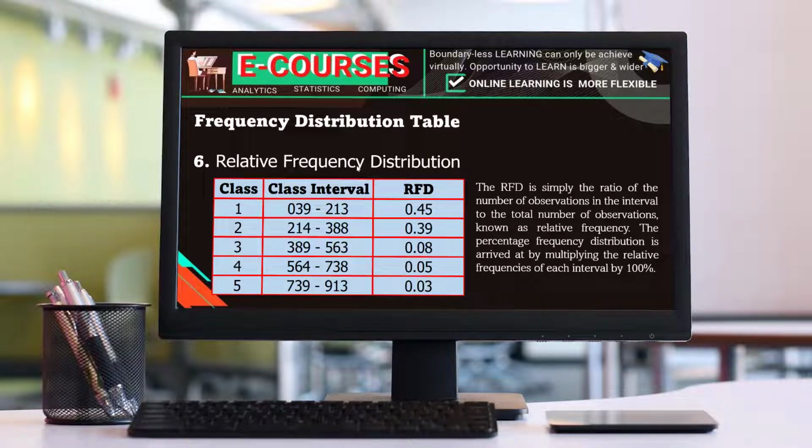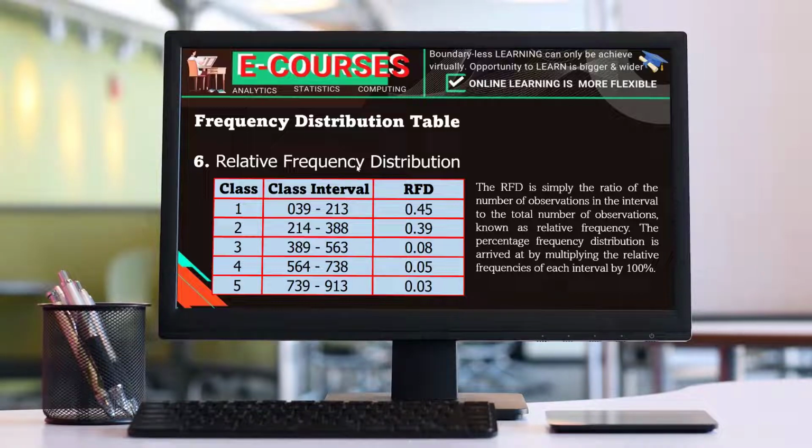The sixth component is the relative frequency distribution. The relative frequency distribution is simply the ratio of the number of observations in the class interval to the total number of observations. The percentage frequency distribution, on the other hand, is arrived at by multiplying the relative frequency by 100.